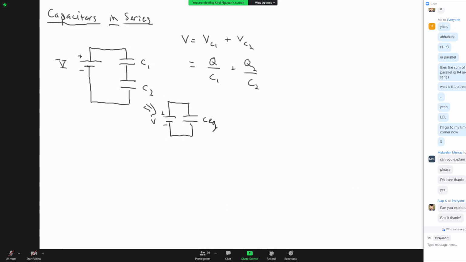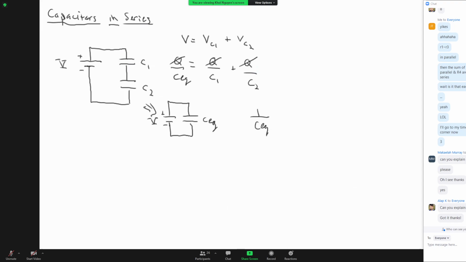There's your voltage. It will be charge all over CEQ, or the equivalent capacitance. So for capacitors in series, you can cancel out the charge because there's only one path and the charge stays the same. It's not really 2, it's just Q.